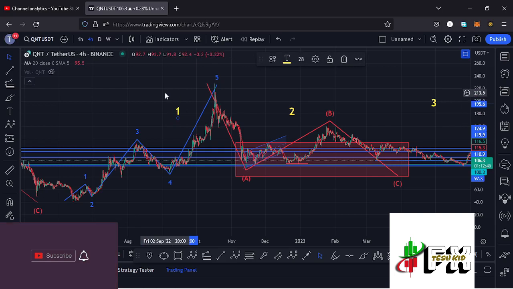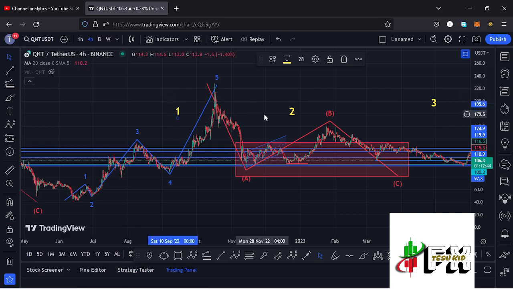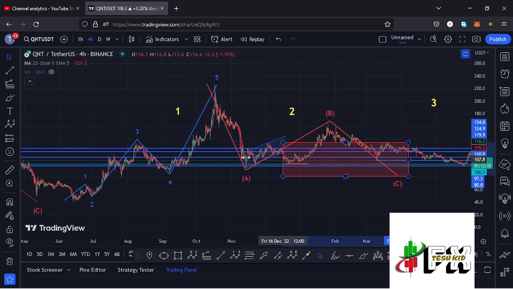Then we started a breakdown move in the formation of a larger Elliott wave count 2, with minimum target areas highlighted on the charts using this red target area, which lies between the fib level 0.5 and the fib level 0.78.